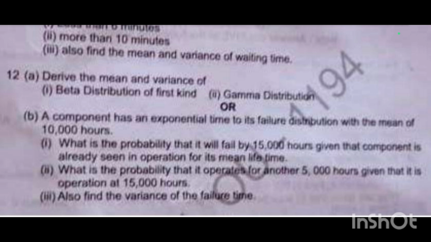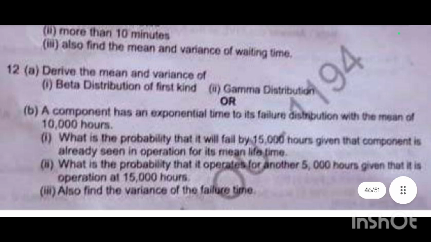What is the probability that it will fail by 15,000 hours, given that the component is already seen in operation for the mean lifetime? What is the probability that it operates for another 5,000 hours given that it is in operation at 15,000 hours? And also find the variance of the failure time.